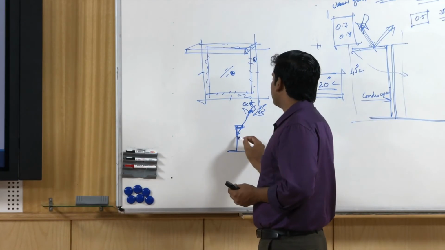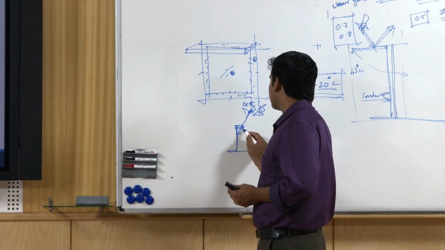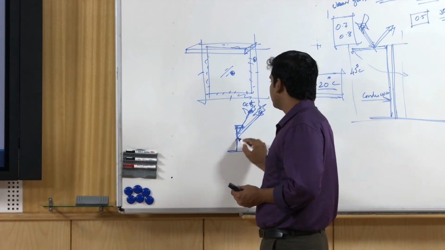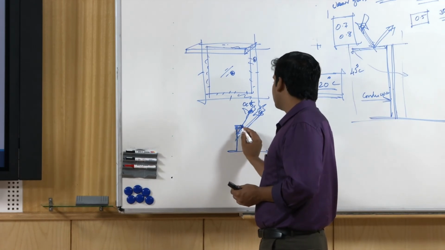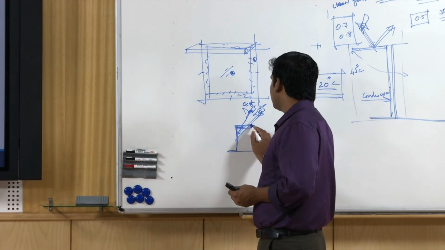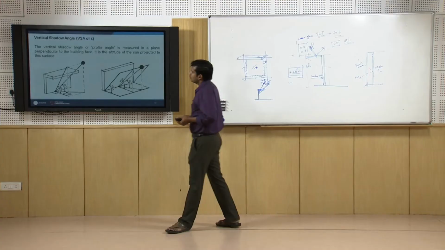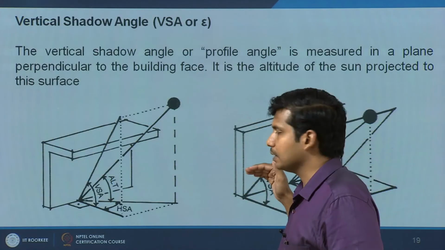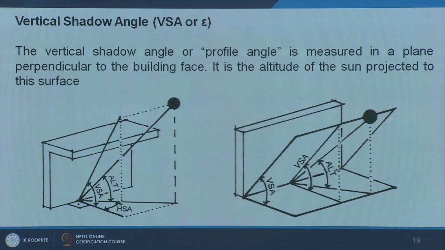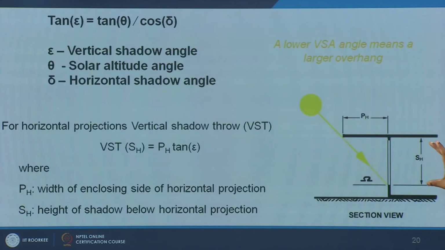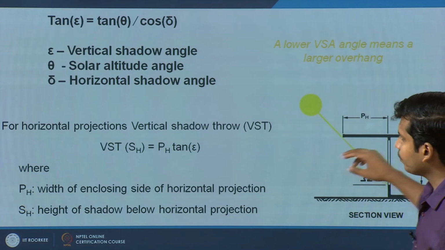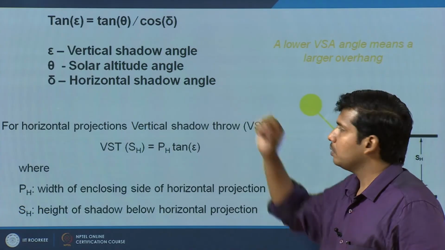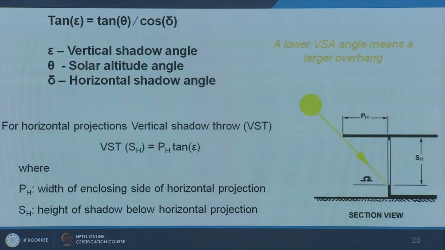You may not want to cut off the December sun, so you can just curtail your shading system at this point, and you will be getting sunlight during December. But if you want this to be cut off even during December, then you need a deeper shading system. As the vertical shadow angle comes down, the shading depth increases, similar to what we saw in the previous example. Same as that, if you know the height of the window, what you need to know is the depth of the projection, and you will know the vertical shadow angle.